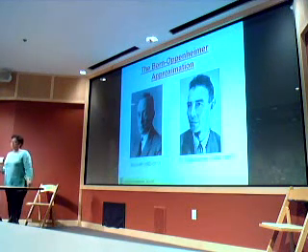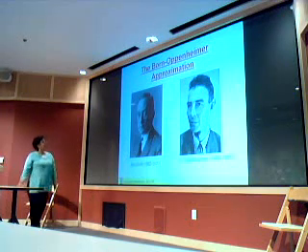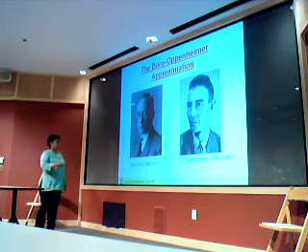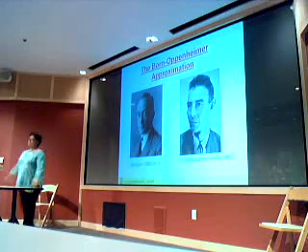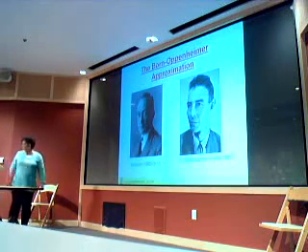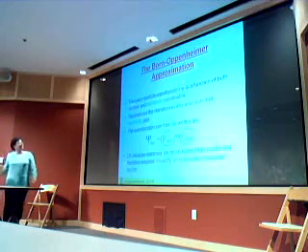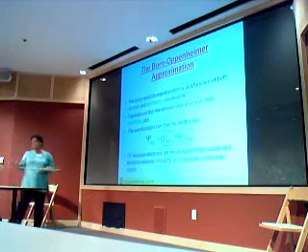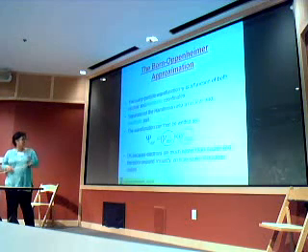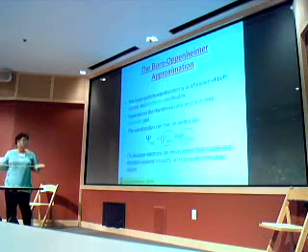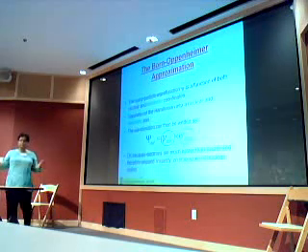So start with the Born-Oppenheimer approximation, which we also heard about yesterday. And these are the guys who came up with it. We know that the many-particle wave function is a function of both nuclear and electronic coordinates.